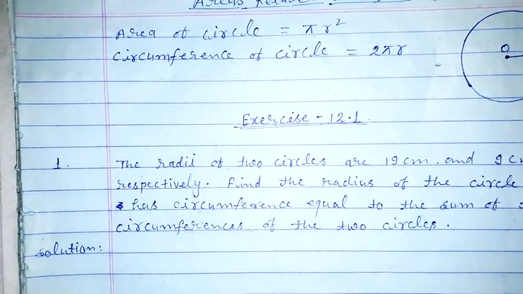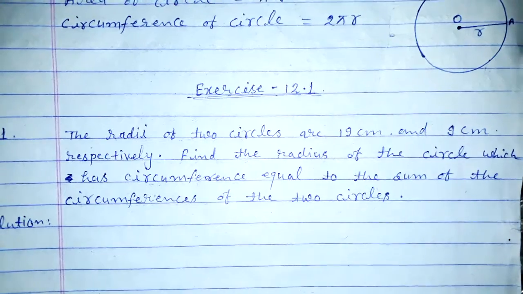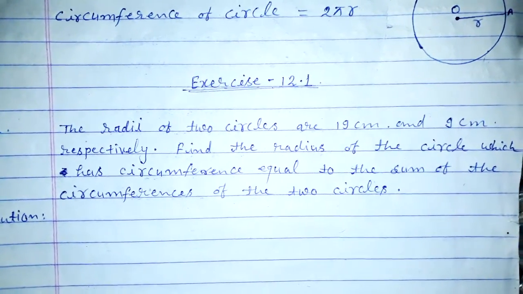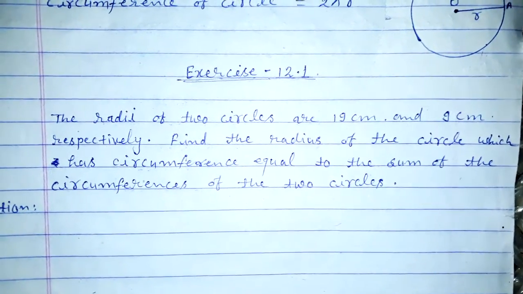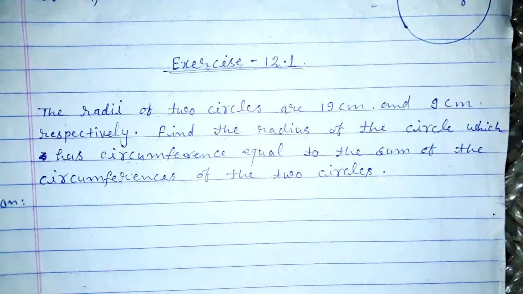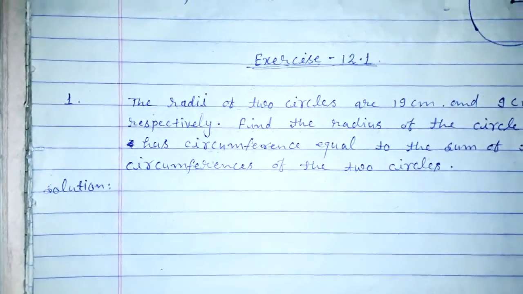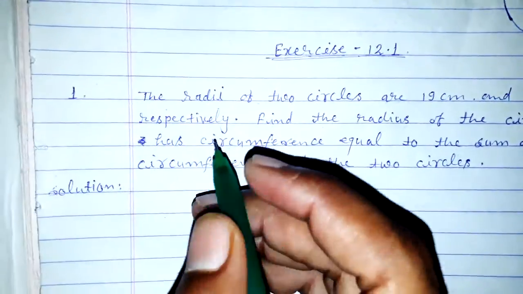So the first question is: the radii of two circles are 19 centimeter and 9 centimeter respectively. Find the radius of the circle which has circumference equal to the sum of the circumferences of the two circles. Let us solve this question.